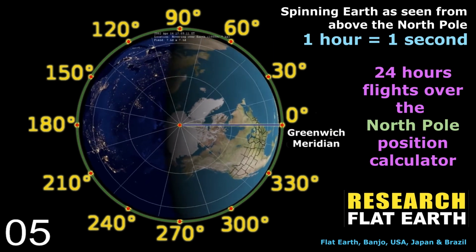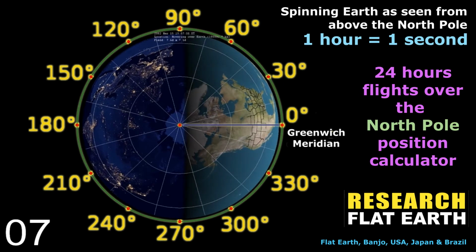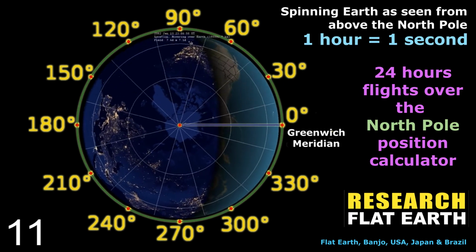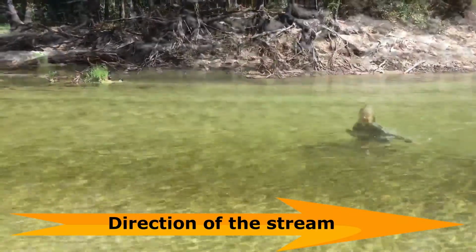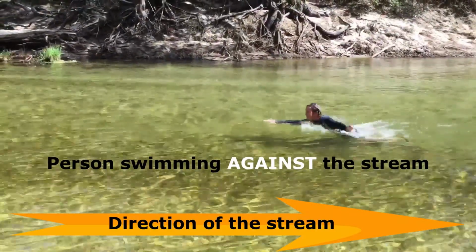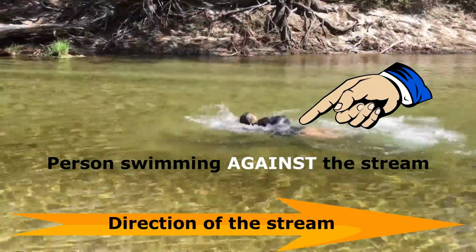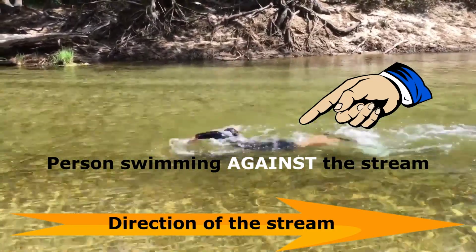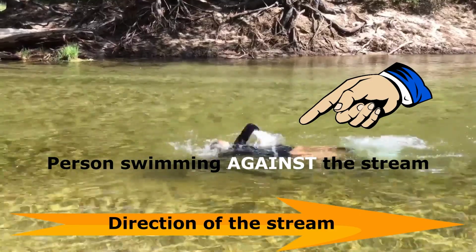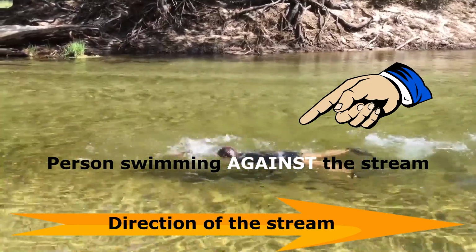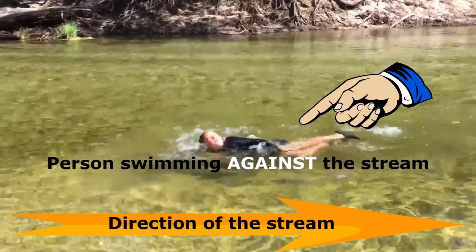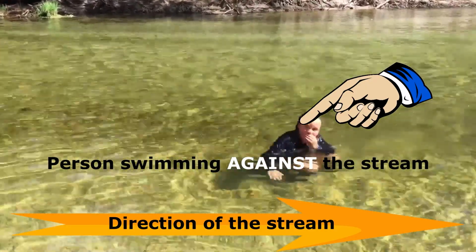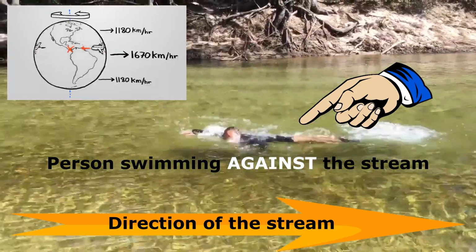We will briefly look at some flights flying from west to east and from east to west, as globe believers claim that they should take the same time, the same effort, the same amount of fuel, when we know it does not. You can look at this person trying to swim against the stream. This person never leaves her place because it is really difficult to swim against the stream.